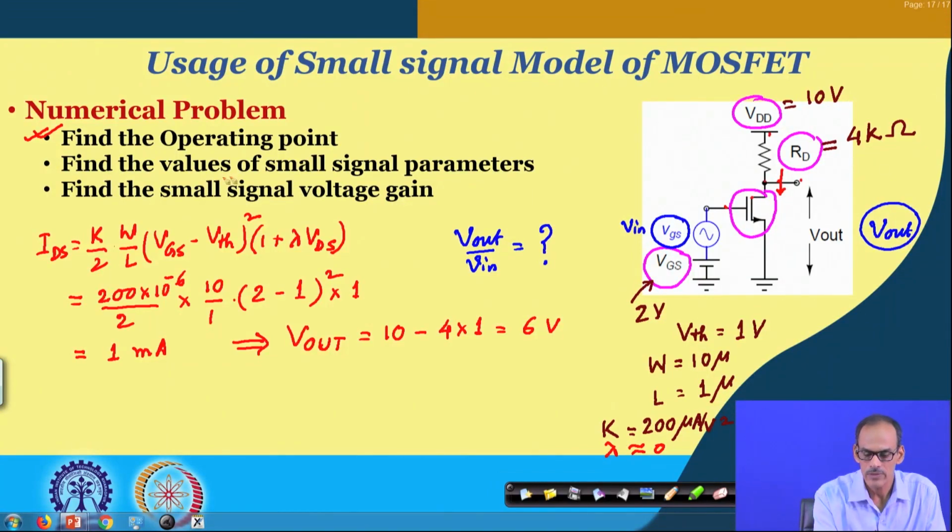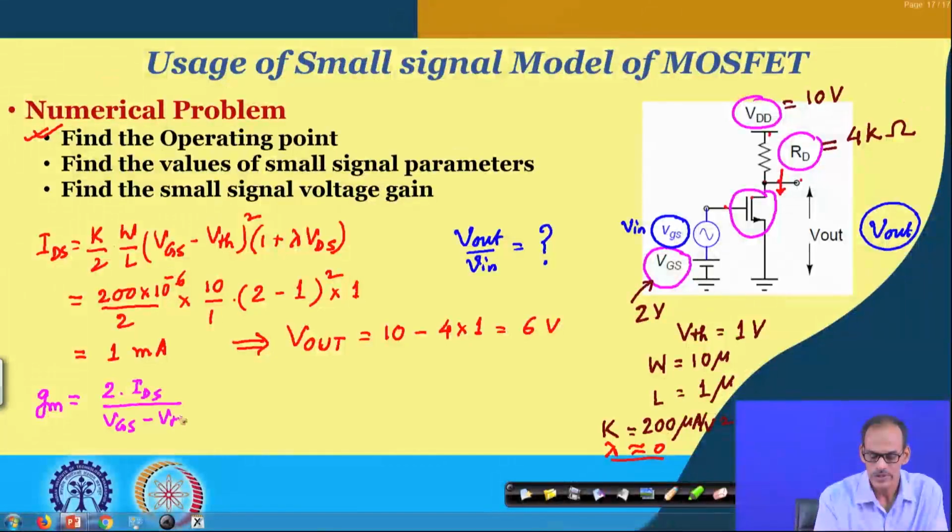Now, we can find the value of the small signal parameters. Since we are considering lambda equal to 0, we can directly say that GD is 0, and then GM. GM has different expressions. Either we can write in terms of IDS and VGS minus VTH, for example, 2 times IDS divided by VGS minus VTH.